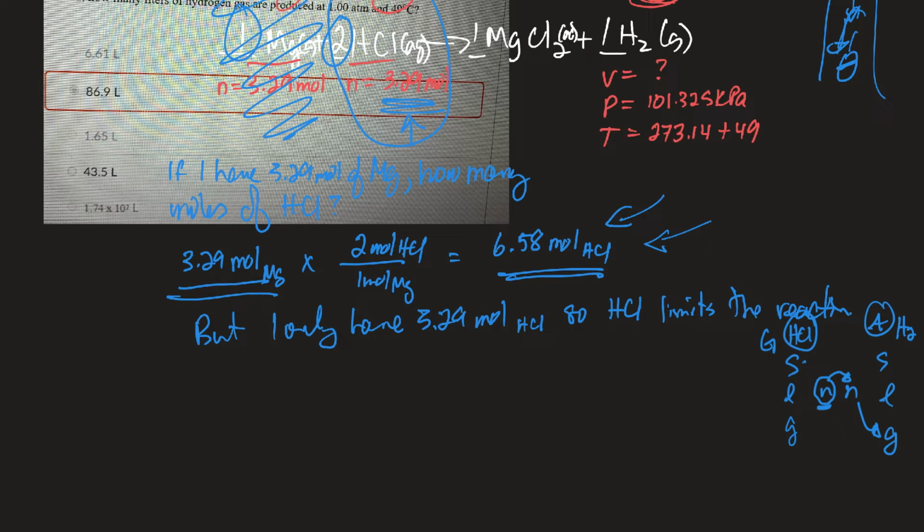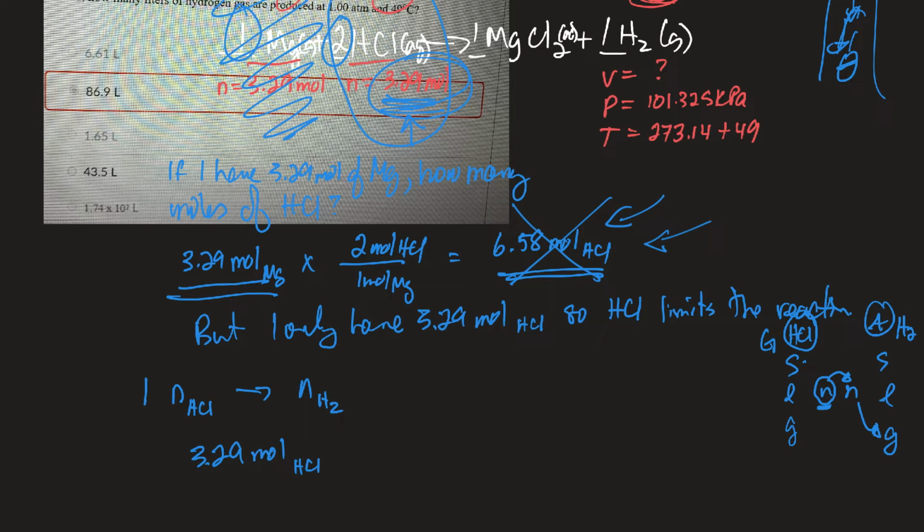So two-stepper. First, let's convert moles of HCl, that's my limiting reactant, to moles of hydrogen gas. So I have 3.29 moles of HCl. Notice I'm using this amount up here. I'm not using this one here. That one was there just to help me realize that I didn't have enough HCl to react with all the magnesium.